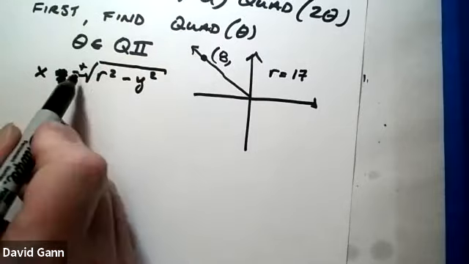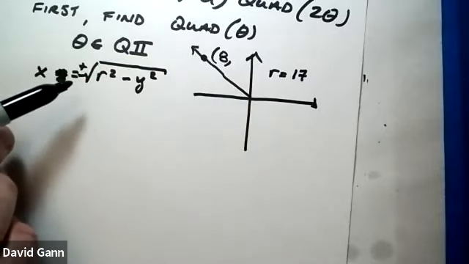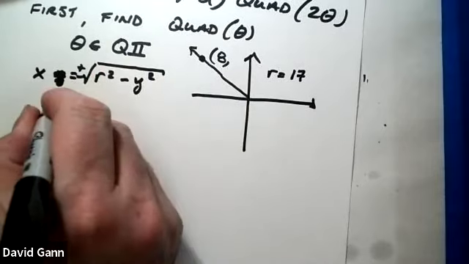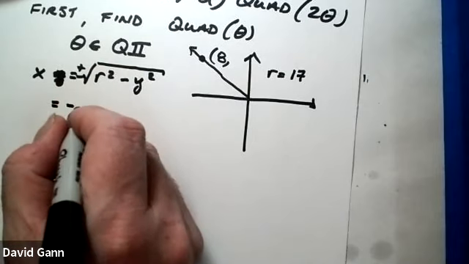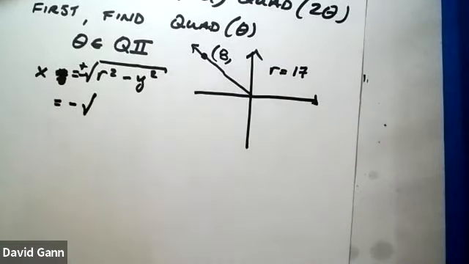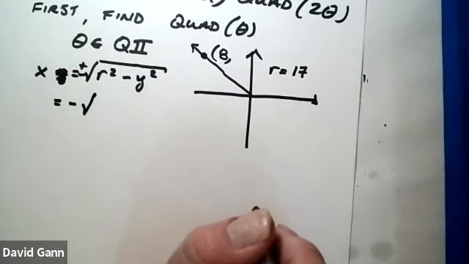And note, we already know from which quadrant this is in that it's definitely going to be negative. So this is going to be negative square root of, what's 17 squared? Is that 349?